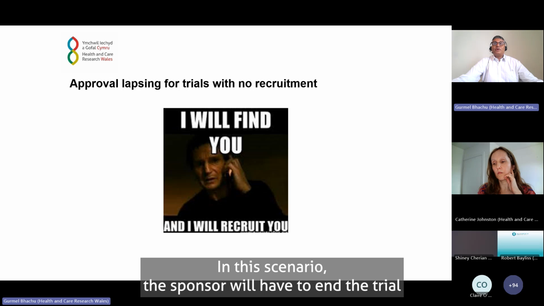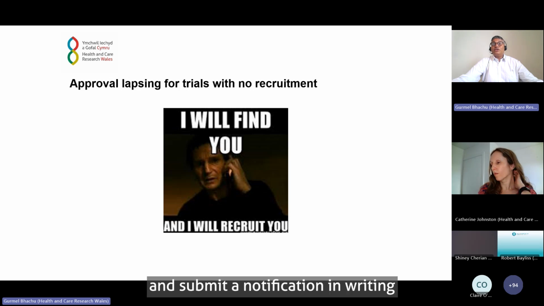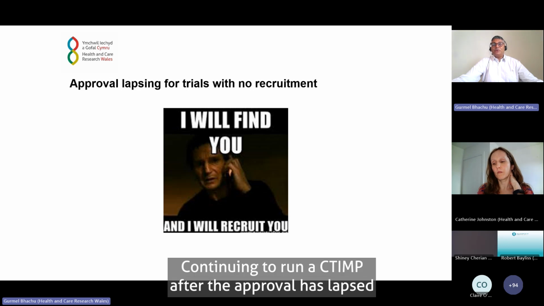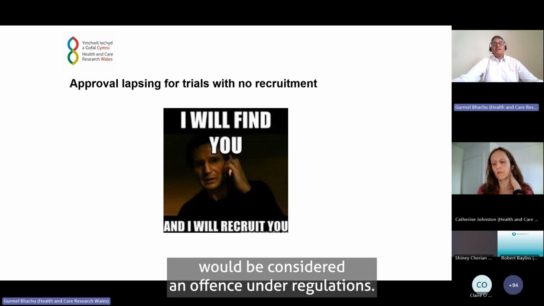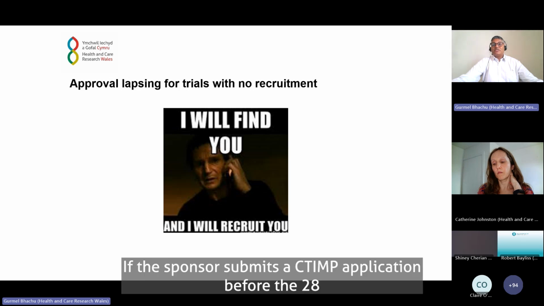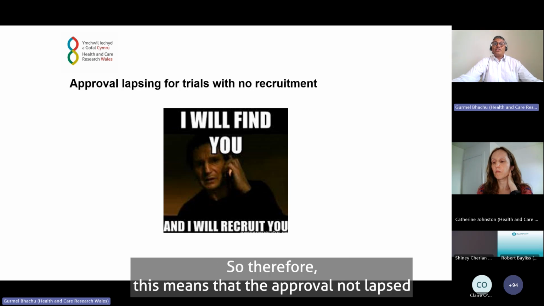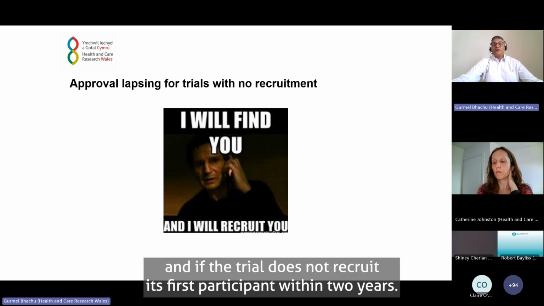In this scenario, the sponsor will have to end the trial and submit a notification in writing by the end of that approval lapse. Continuing to run a CTIMP after the approval has lapsed would be considered an offence under the regulations. If the sponsor submits a CTIMP application before the 28th April 2026, this expectation will not apply. Therefore, the approval will not lapse if the trial does not recruit its first participant within 2 years.